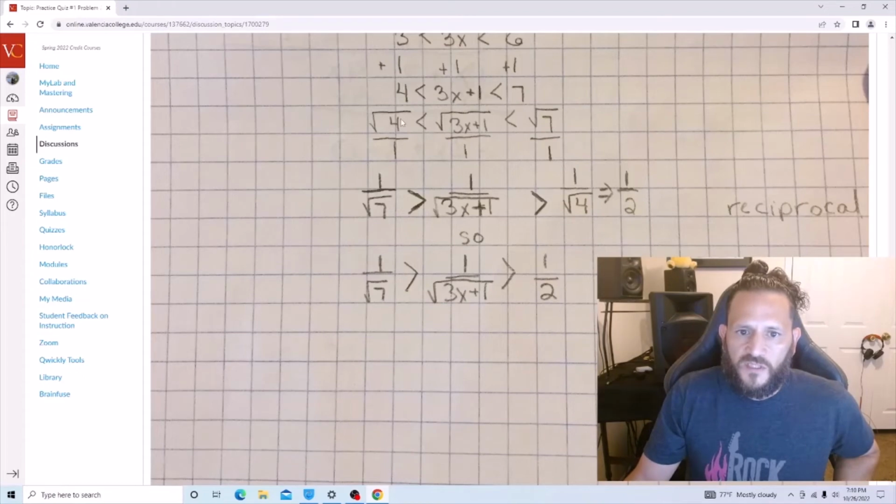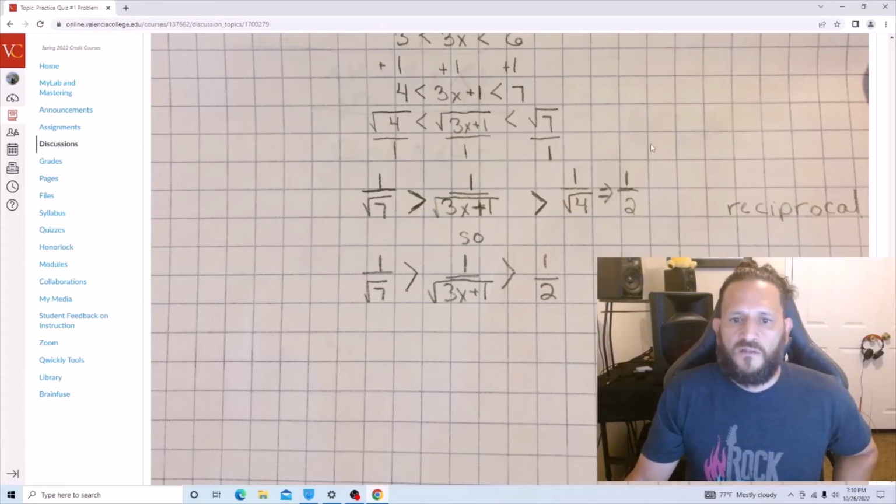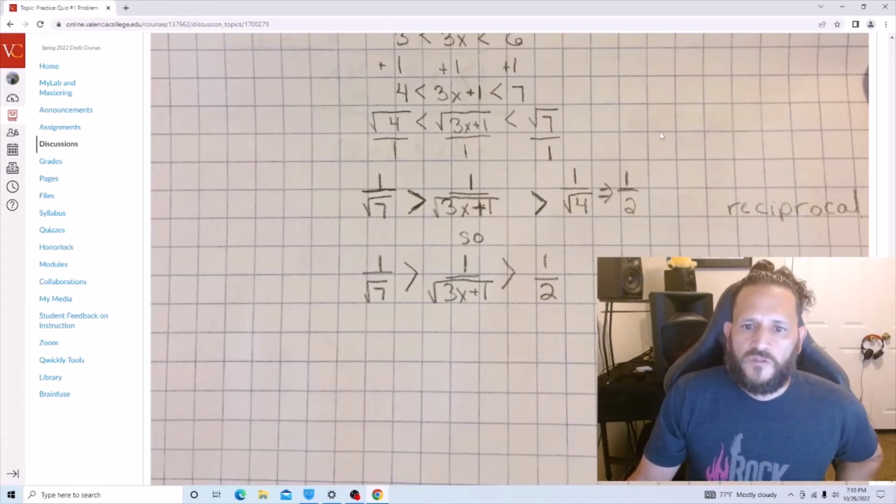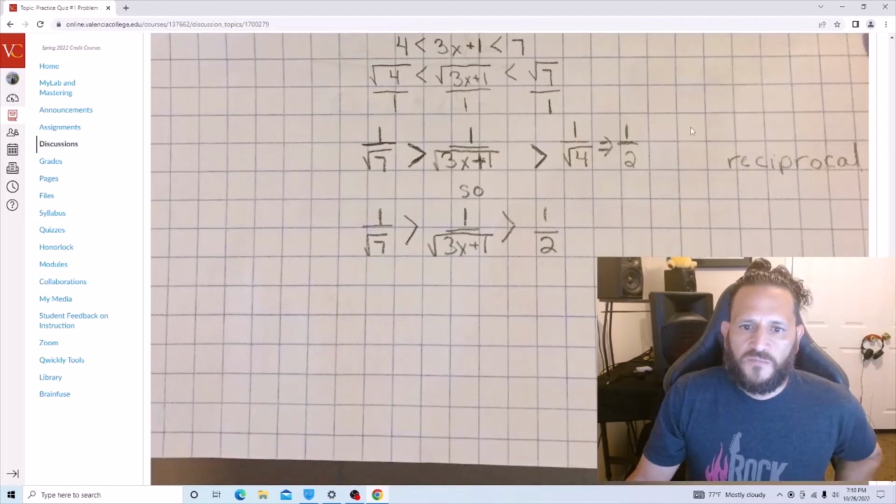So you see the square root of 4 over 1 is now on this side, and the square root of 7 over 1 is now on this side. Okay? So we did the reciprocal. If you look at it, it looks very similar to what we were chasing.